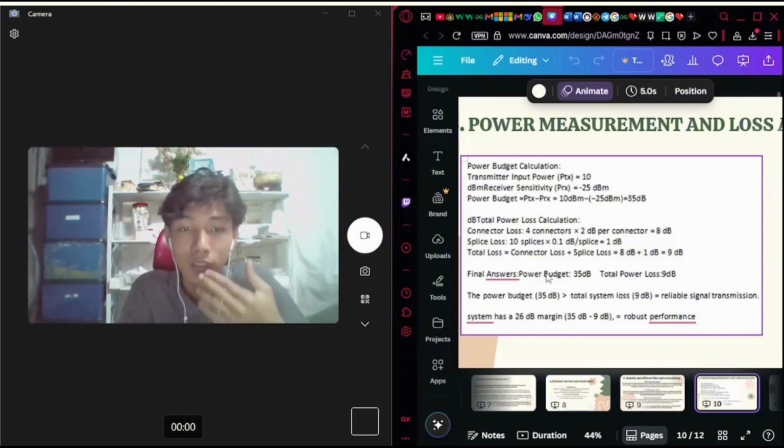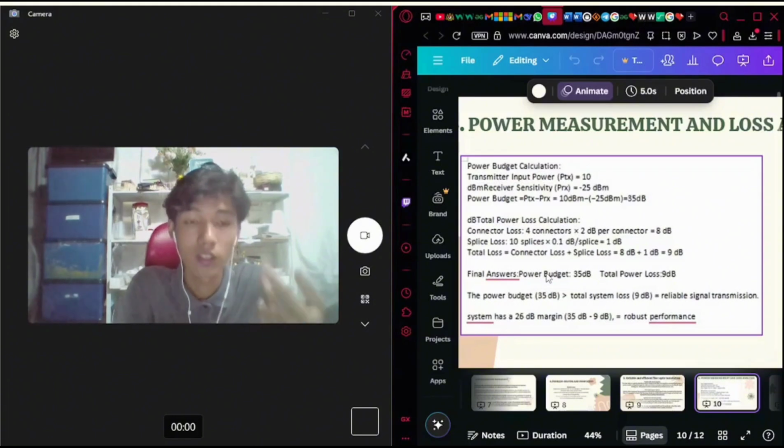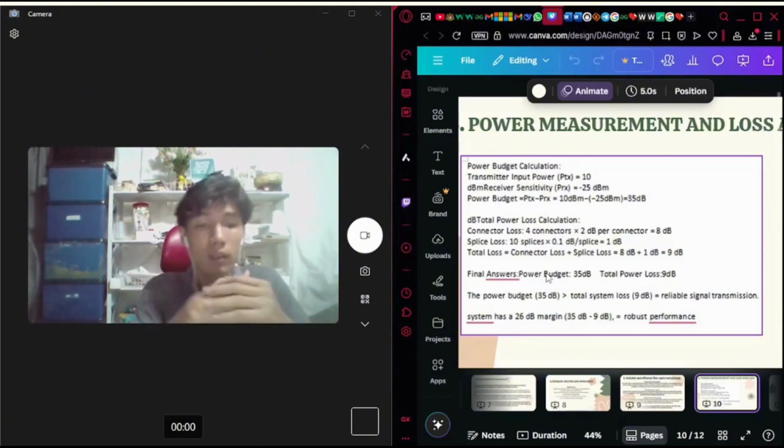Splice loss is 10 splices times 0.1 dB per splice, so 10 times 0.1 equals 1 dB. Total loss equals connector loss plus splice loss, 8 dB plus 1 dB, equivalent to 9 dB.